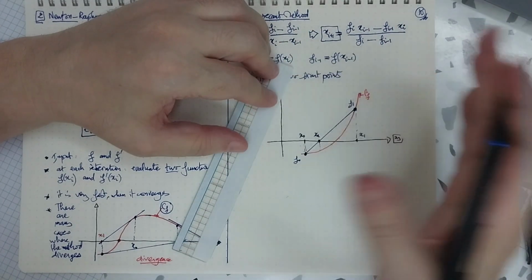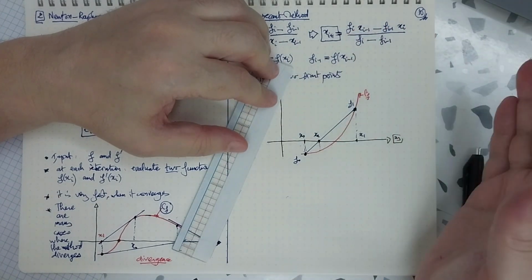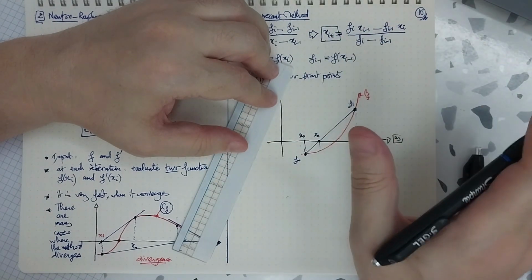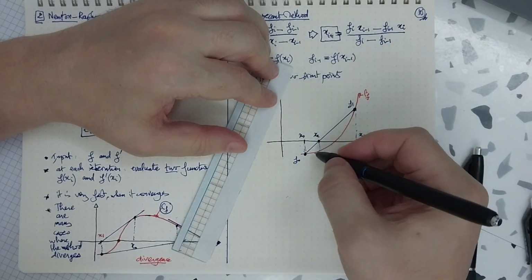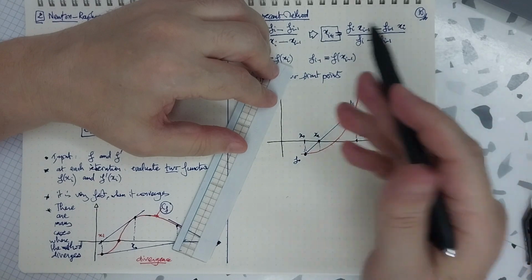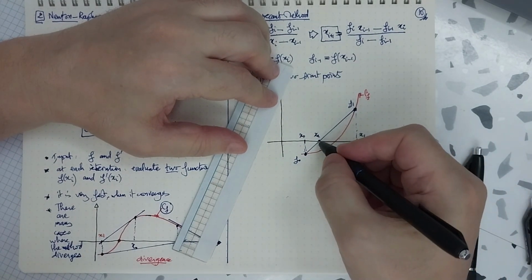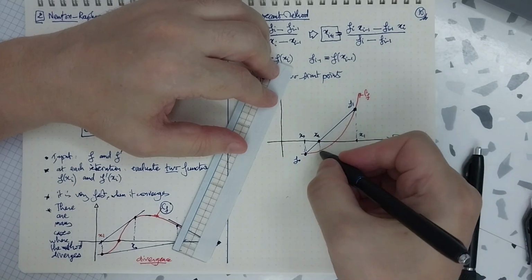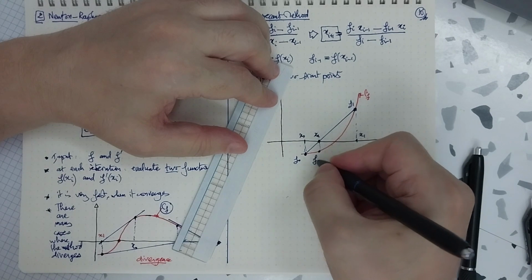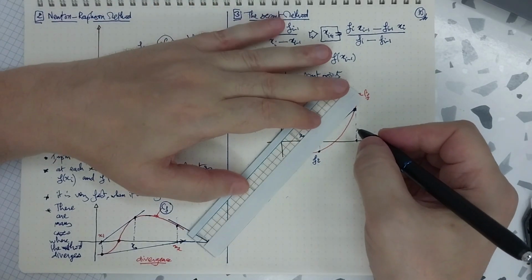There is no lower and upper interval, no left and right interval. No interval here. It just works with the current and the previous point. So the current point now is x2, the previous is x1. So it joins their images. This is f2, this is f1.